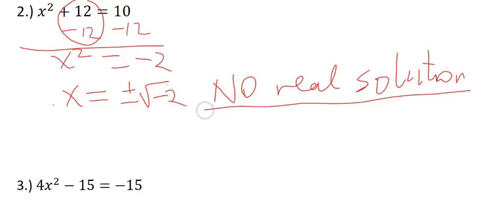You may have an imaginary solution, but we have not done imaginary numbers now. So you can tell there's no real solution when d is less than 0. All right, next.